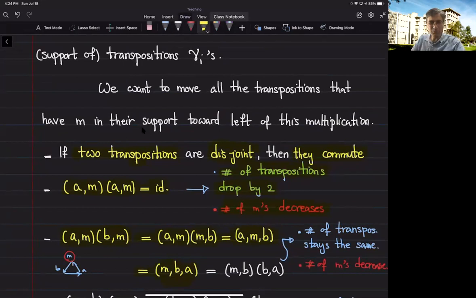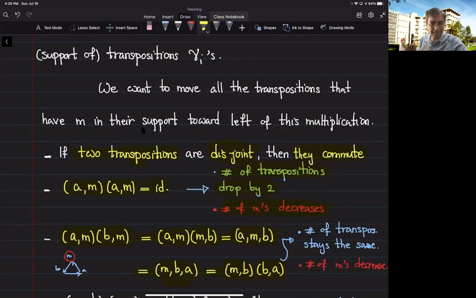Now again, I can use the linking relation and unlink these 2 cycles, M comma B and B comma A. Now all of a sudden, product of these 2 transpositions is written as product of these 2 transpositions, and now the number of appearance of M decreased by 1. The elements that appear in the support did not change.